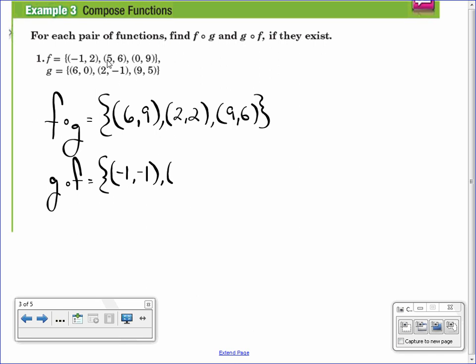Our next number is 5. 5 goes to 6, and 6 goes to 0. Our last set is 0. 0 goes to 9, and 9 goes to 5. And that's how you do a composition when you've got the set of ordered pairs.